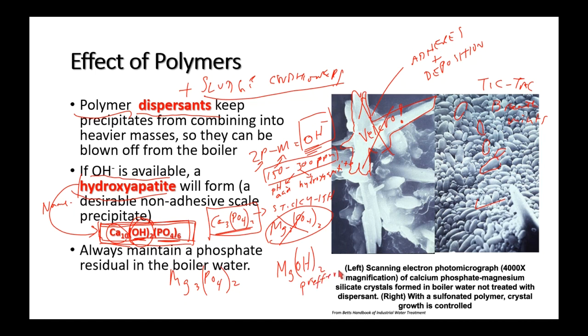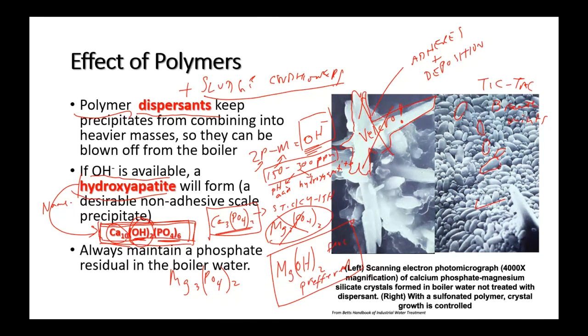And you've seen magnesium hydroxide with the lime soda softener, because magnesium hydroxide is a floc, right? Flocculating agent. So it actually helps in terms of what's going on with the formation of particles. It's not sticky. It helps get the particles to come together in terms of making a sludge. And then that sludge is going to go to the mud drum. It's easy to blow off.